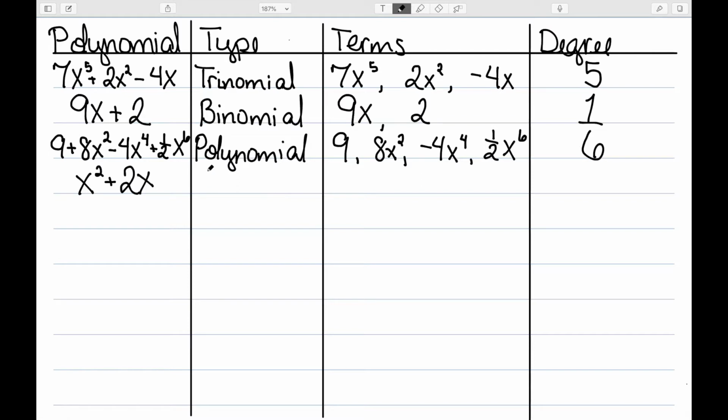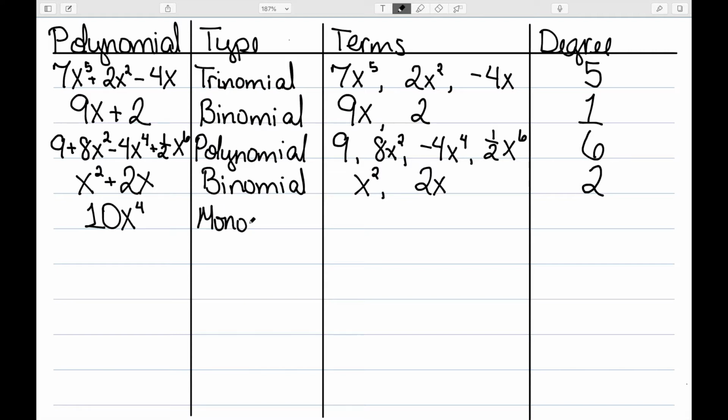I now want to look at x squared plus 2x. We can see this has two terms, so it's a binomial. I have an x squared, and then to that I'm adding a 2x. So our degree is the largest exponent on the variable, which is 2. 10x to the fourth, this has a single term, so it's a monomial.